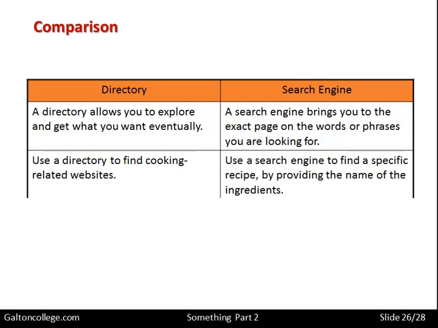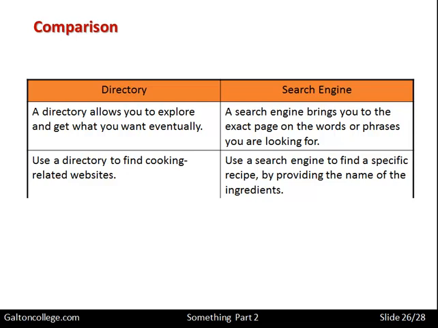Use a directory to find, let's say, cooking related websites. So we might use a directory to try and open lots of cookery sites. We could use a search engine to find specific recipes. So we might go to a search engine and type in vegetarian curry, and it'll bring back perhaps recipes how to make a vegetarian curry, and it'll tell us about the ingredients and the cooking time and the tips and so on.